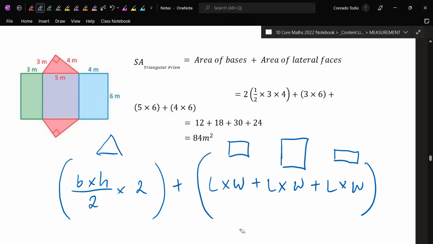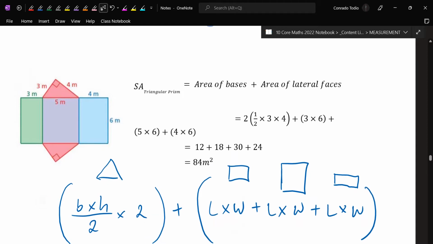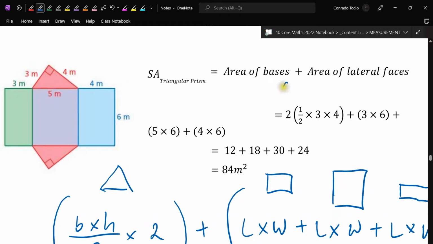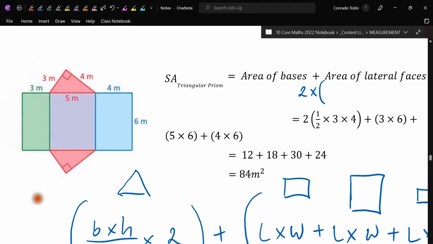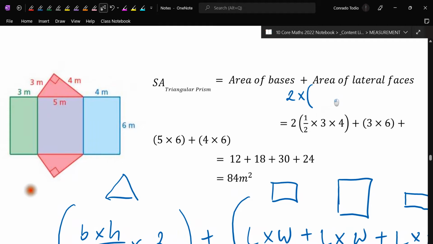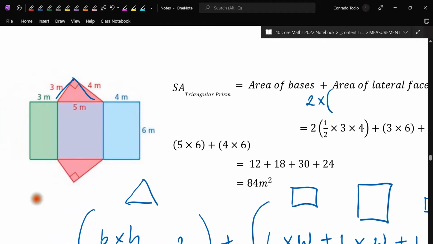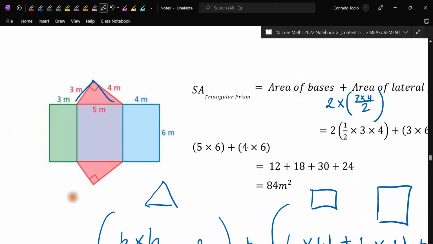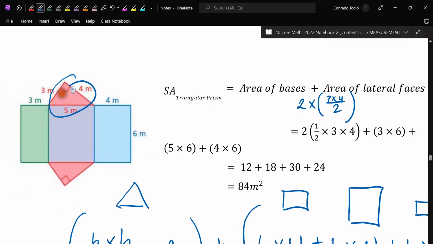If we did that as an example here, sorry, this is a bit whack, but you can see that they've used 2 times the triangle there. So it's base times height, I know that's a bit funny there, but it should be base times height. So 3 times 4 divided by 2. That's what they've done for these triangles here.